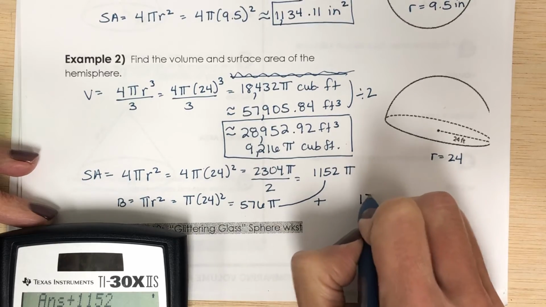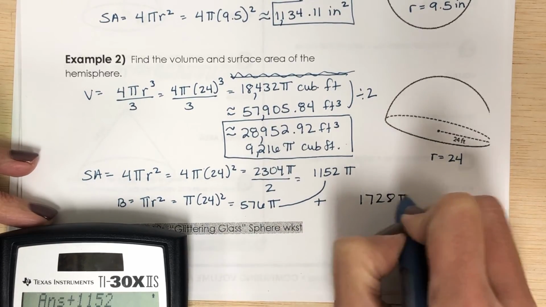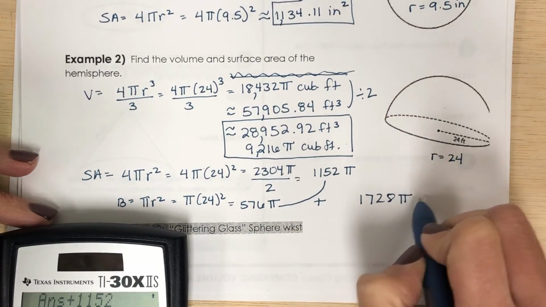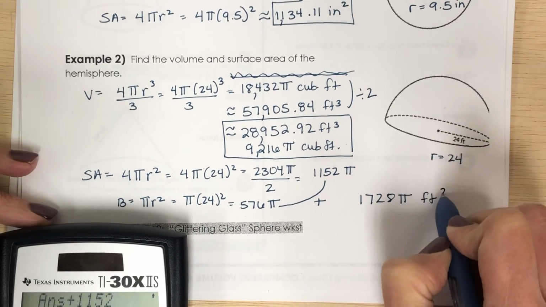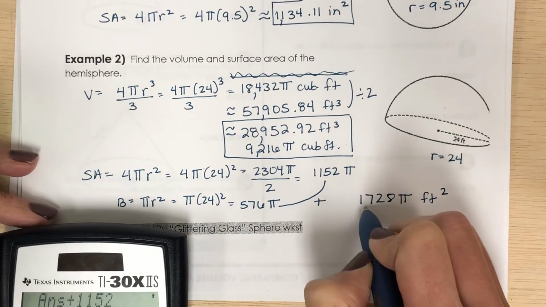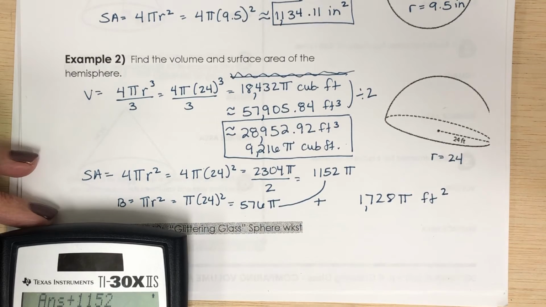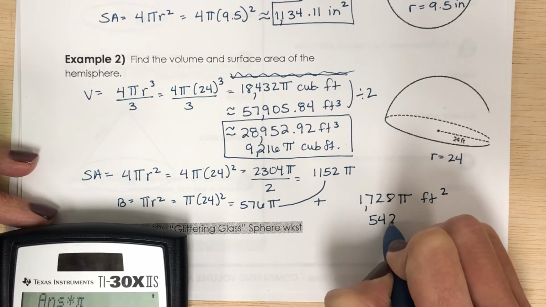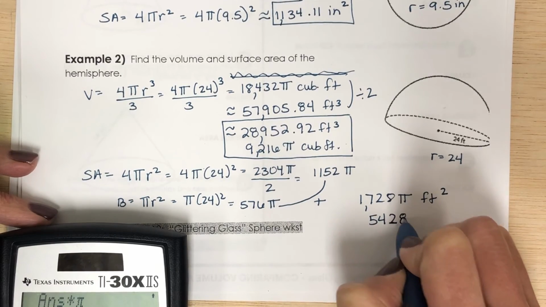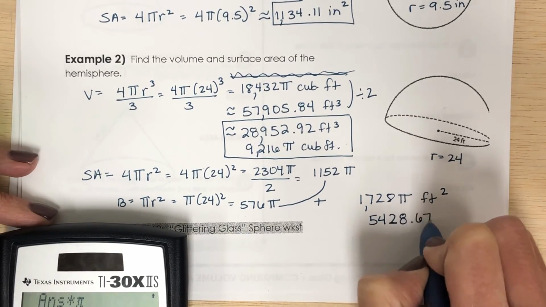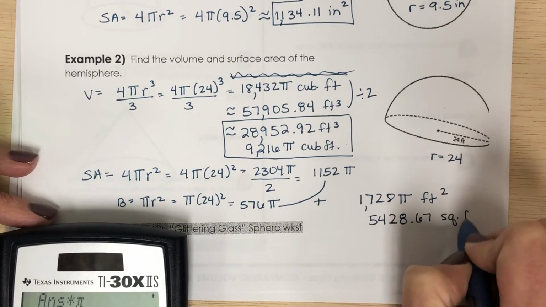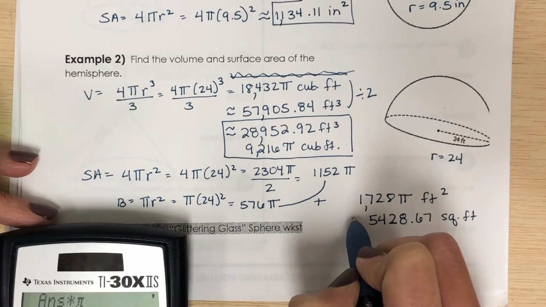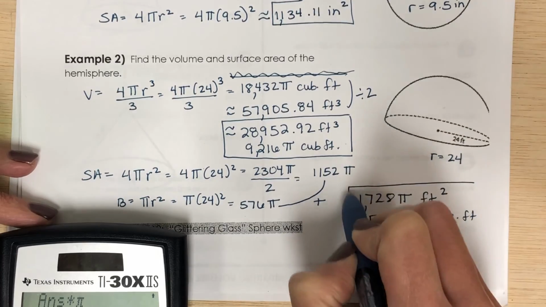And we get 1728 pi. So that's my exact answer, feet squared, because we're talking about surface area. Or if I wanted to find the approximate answer, times it by pi, 5428.67 square feet. That's my approximate answer.